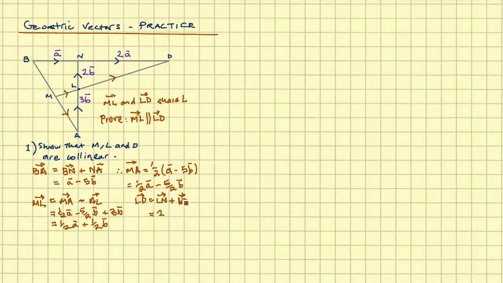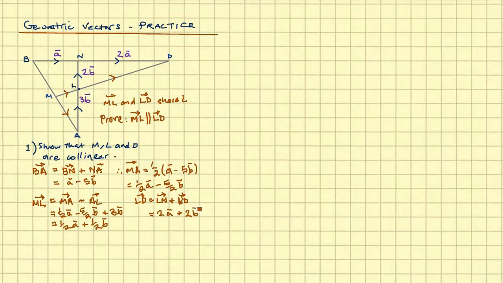So N to D, I can commute vectors, of course, so I'd start with N to D because then my a is going to come up front. 2a plus my L to N, which is 2b.